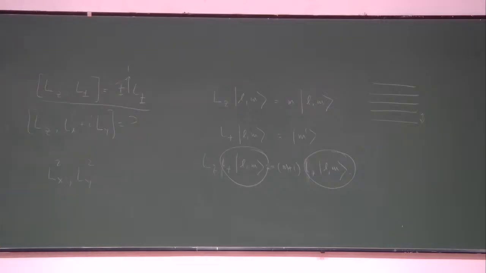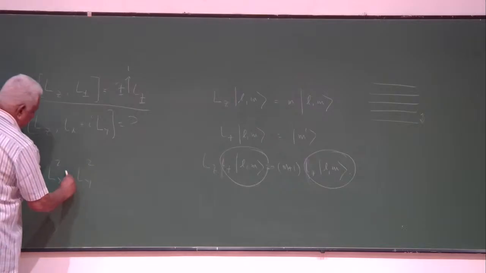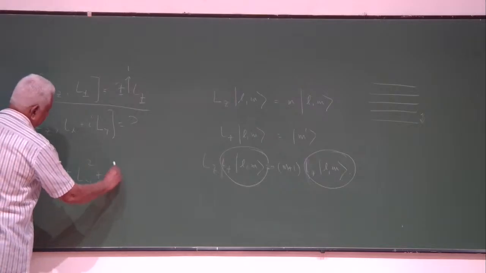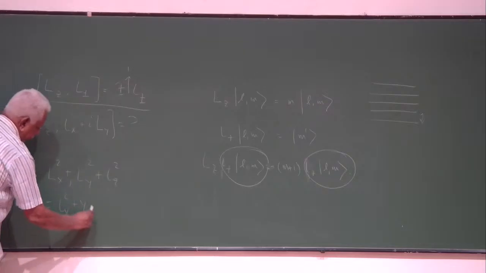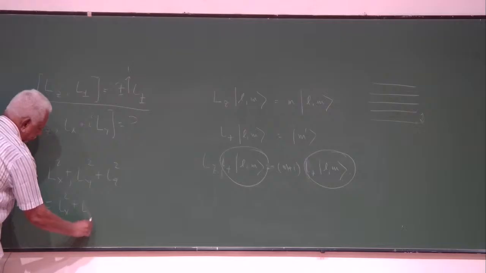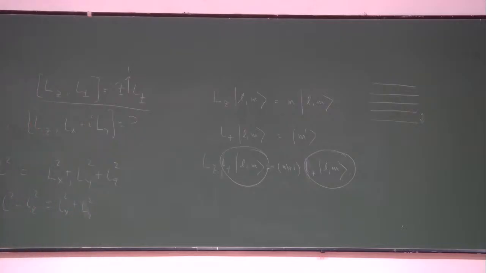Now L square we know is Lx square plus Ly square plus Lz square. L square is also positive. Now I take this Lz here: L square minus Lz square is equal to Lx square plus Ly square, correct?